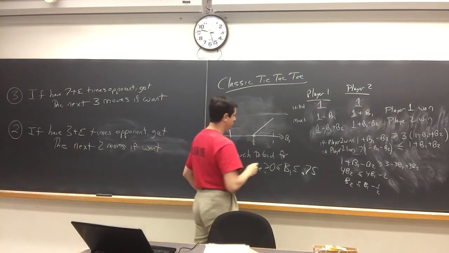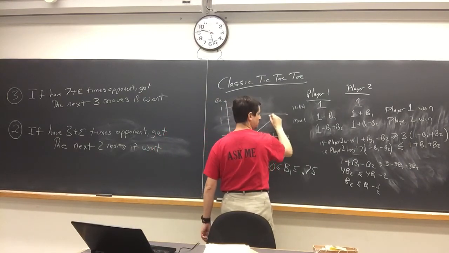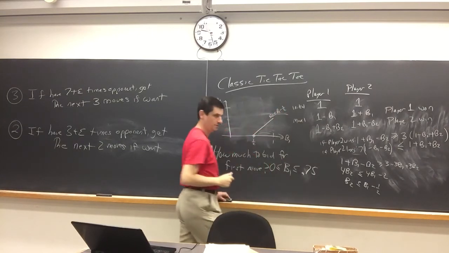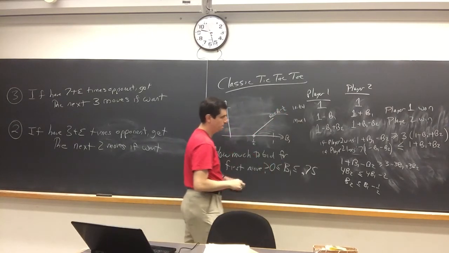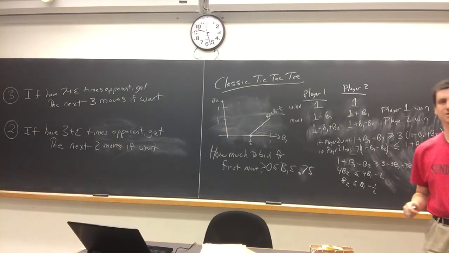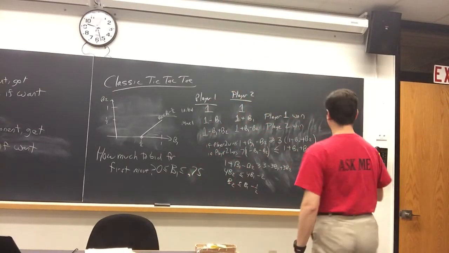Okay, so this is the line b2 less than or equal to b1 minus a half. Now let's look at the other one.